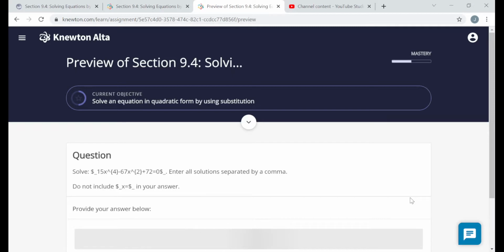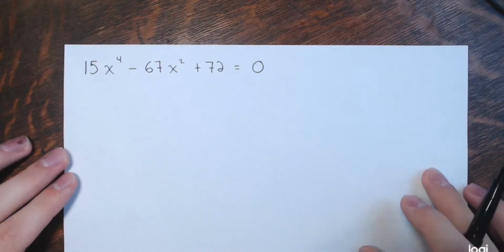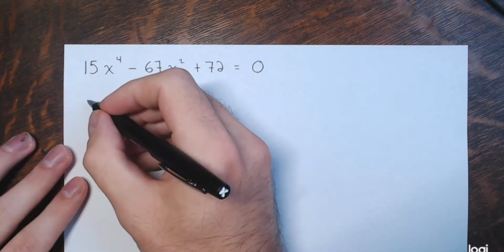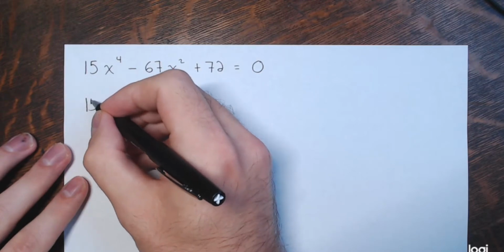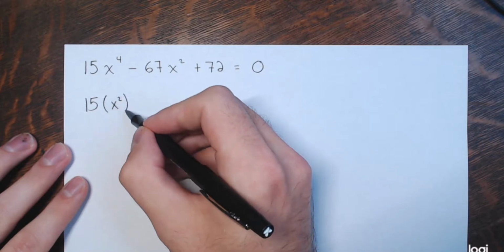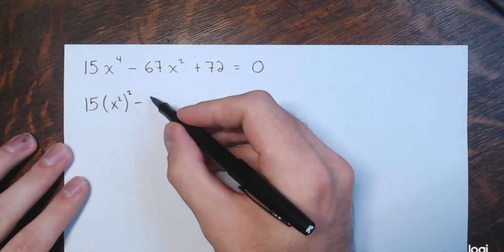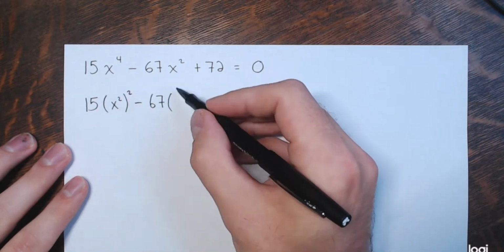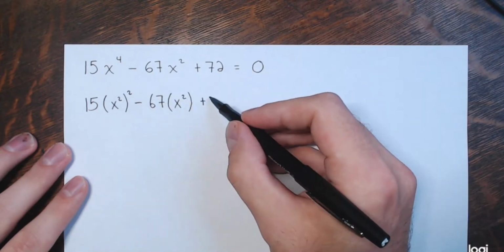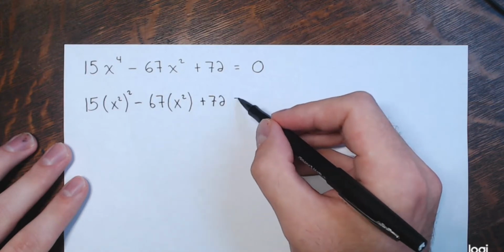Another one with the 4th power. These are pretty similar to a couple I've done earlier. Once again I'll write this out to show you that it's in quadratic form. x to the 4th is just x squared squared, minus 67 times x squared, which is simply x squared to the 1st, plus 72, and then we have equals 0.